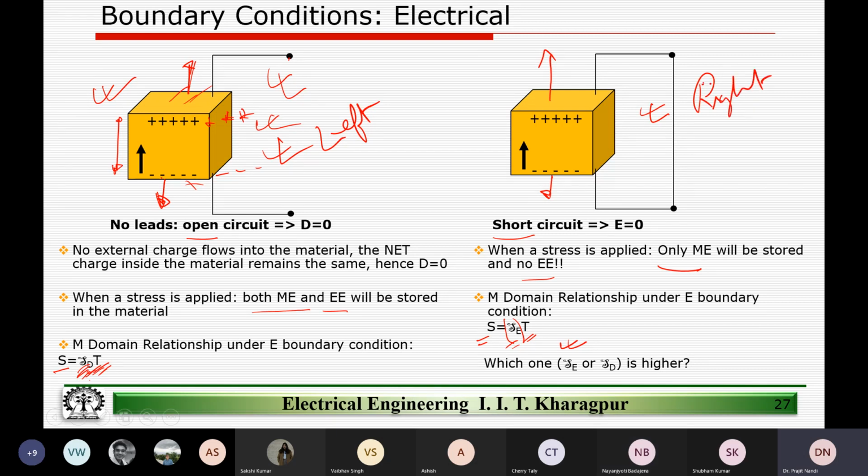The reason the right one is easier to stretch is that we are giving an external condition so that whatever extra charges would have developed and tried to oppose, I'm kind of eating away. I'm not allowing those extra charges. It's like a bunch of workers in a factory trying to oppose the management.